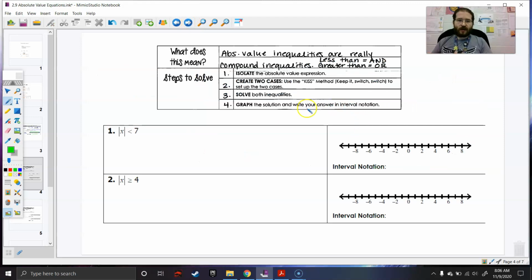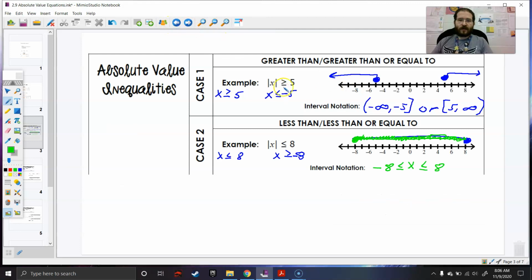What this shows us is that absolute value inequalities are really just like compound inequalities. A less than is going to give you an and, and a greater than is going to give you an or statement. See how our greater than gave us an or, and our less than gave us an and statement. Or means that they don't meet in the middle, and and means they do meet in the middle.